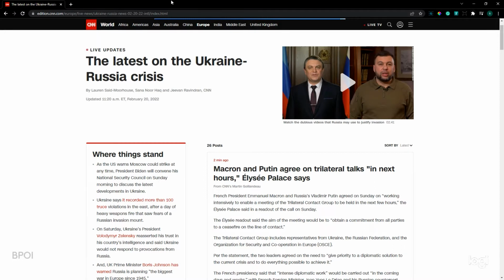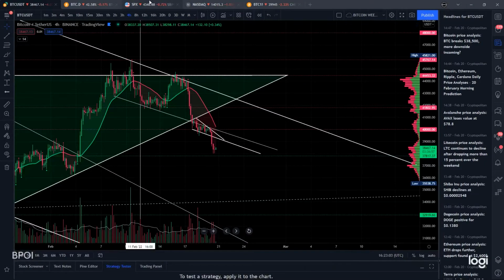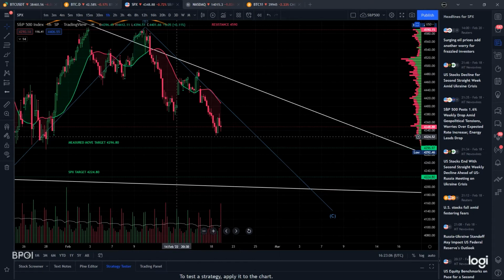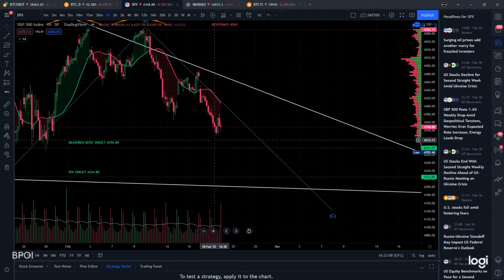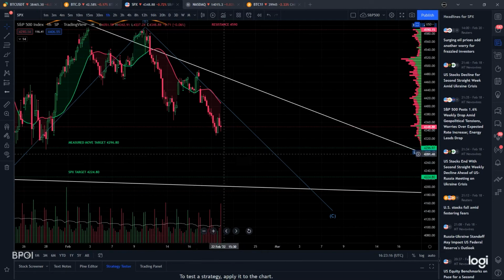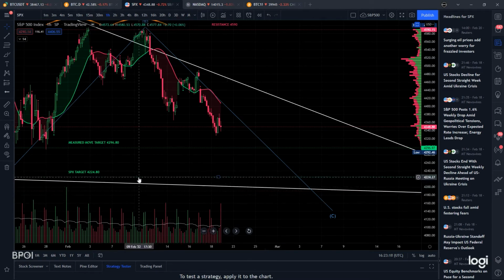So when you look at the SPX and the NASDAQ and you think that these are opening tomorrow, already we're in a sort of bearish environment. We've already predicted that 42.96 would be the measured move from the double top. We've got a target of this lower trend line, 42.24.